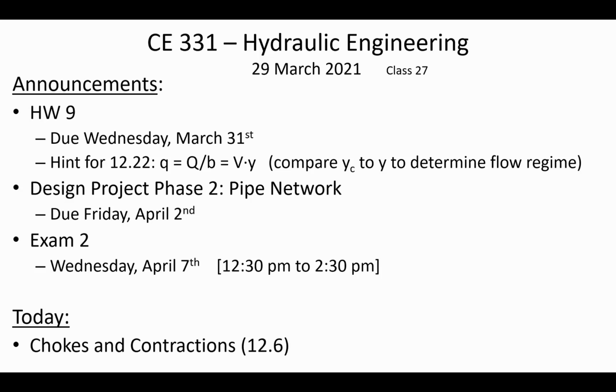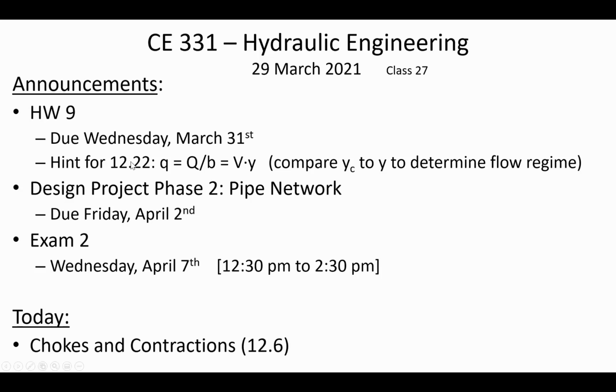And this is something that we do for rectangular channels. So now, remember, Q is the same thing as velocity times area. And for a rectangular channel, area is the bottom width B multiplied by the depth Y. And so if you do that cancellation of like terms, then what you'll find is the flow per unit width, lowercase q, is not only Q divided by B, the bottom width of a rectangular channel, but it's also the flow velocity multiplied by the depth of the channel.